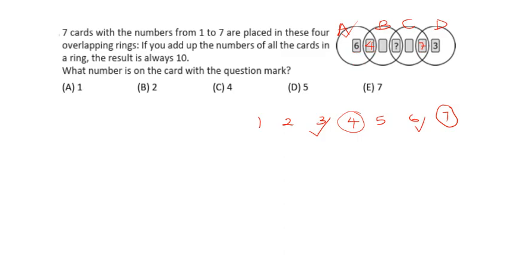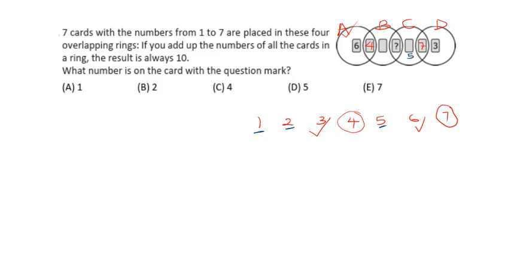So in this case, we know that this is 7. 5 can never be here. If 5 is here, it means 5 plus 7 is 12, which is more than 10 already.